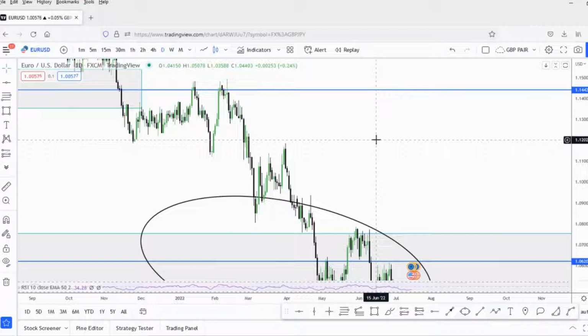A resistance line can be major depending on the time frame you're trading. If my reference time frame for direction is the daily, then my daily time frame becomes my major time frame, and my support and resistance on the daily becomes my major support and resistance. So it depends on the time frame you are using.